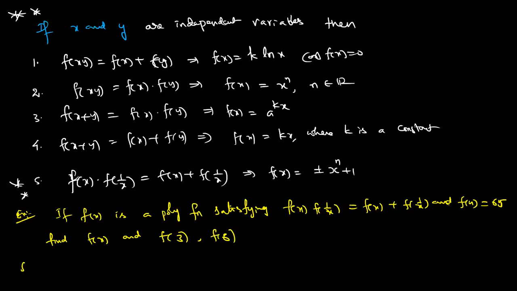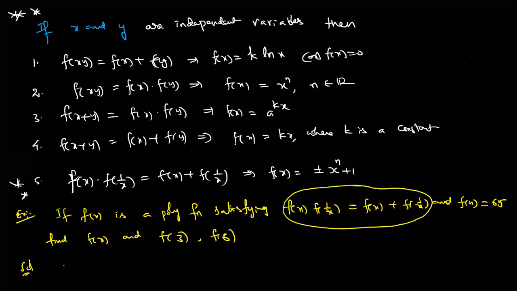Solution. See dear students, when they're asking these types of models, first of all see, correct. Sai Sanjan and Kirti responded immediately, good. See dear students, what you're observing is property number 5.